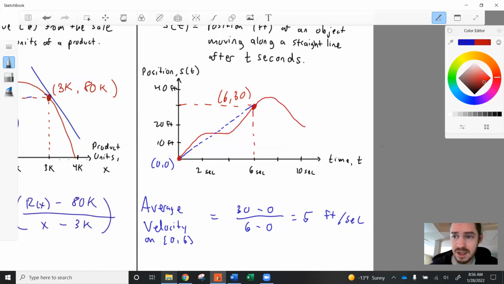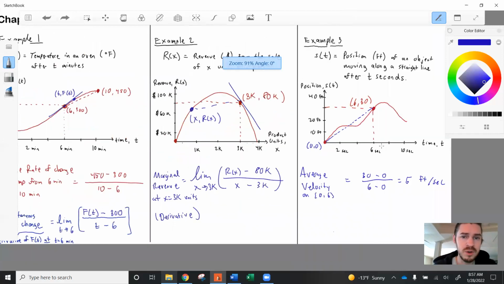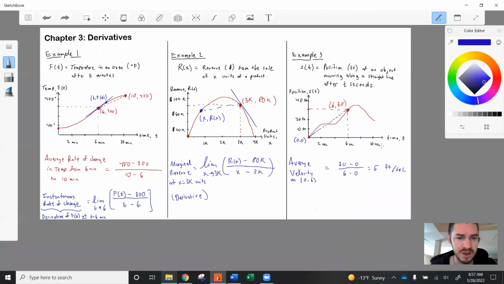But that doesn't take into consideration the fact that you stood still for a little while in the middle. You actually went fast, stood still, and then went fast again, right? So again, if we take the limit, then we can find an instantaneous rate of change. But for this example, I want to present it a little bit differently.